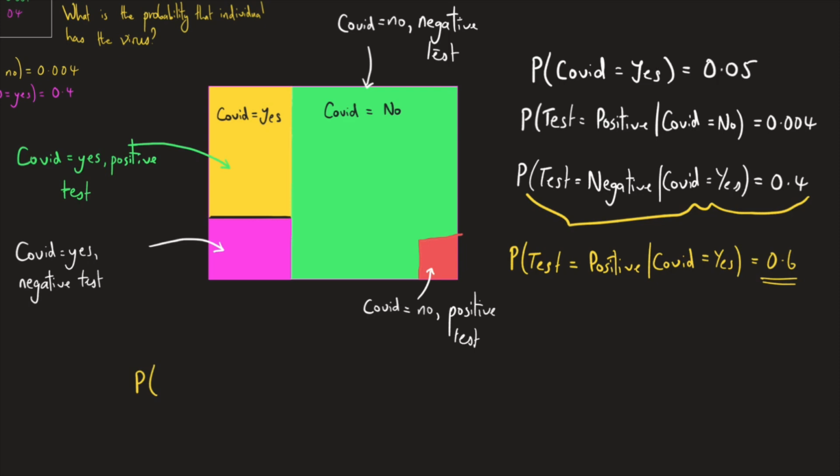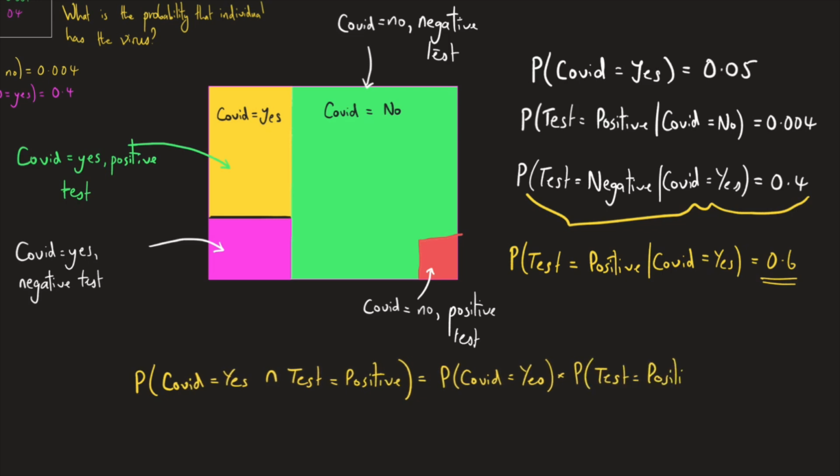So the probability of COVID being yes and the test being positive is going to be equal to the probability that the individual has COVID times the conditional probability of a positive test given that the individual has COVID.